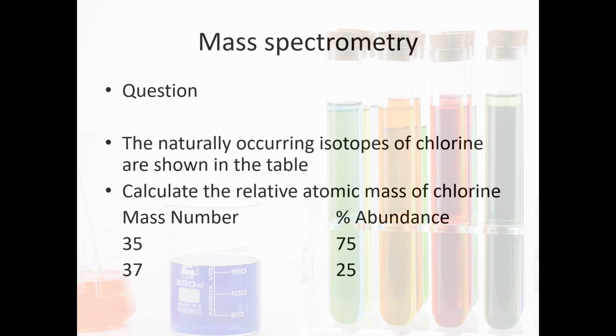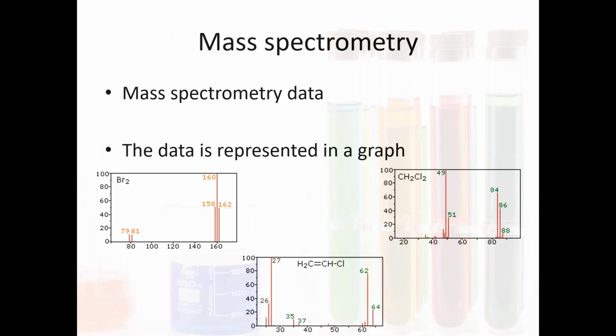Question. The naturally occurring isotopes of chlorine are shown in the table. Calculate the relative atomic mass of chlorine. Identify the different compounds and their respective components on the 3 graphs.